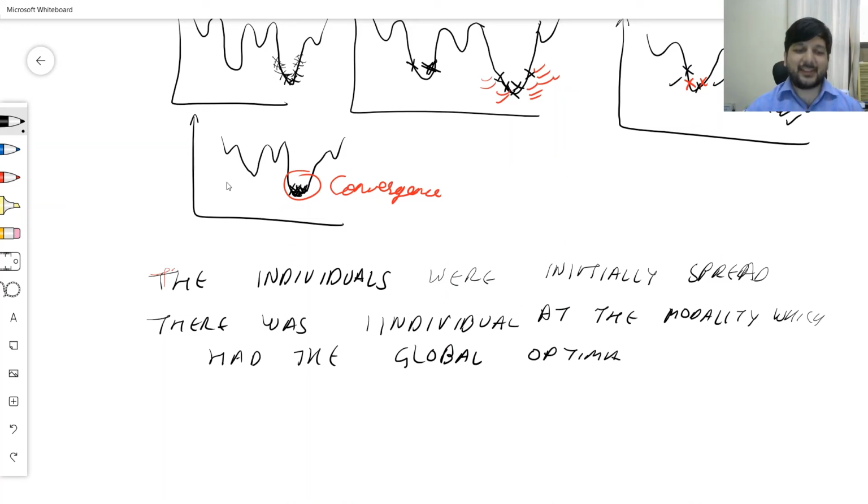So every crest and trough is called a modality. The first modality, the second, the third, the fourth, and fifth. So every crest and trough is a modality. So luckily, that individual survived.